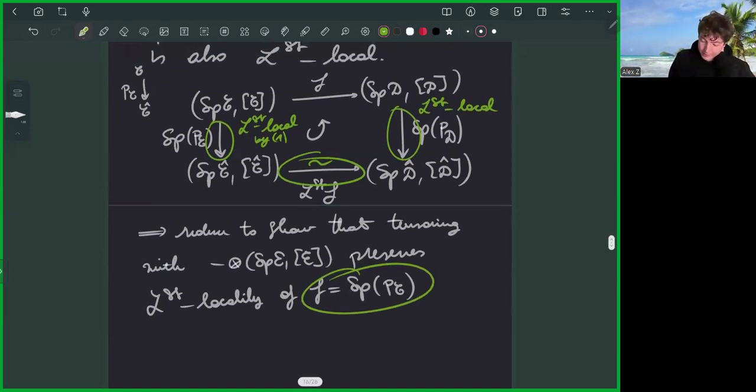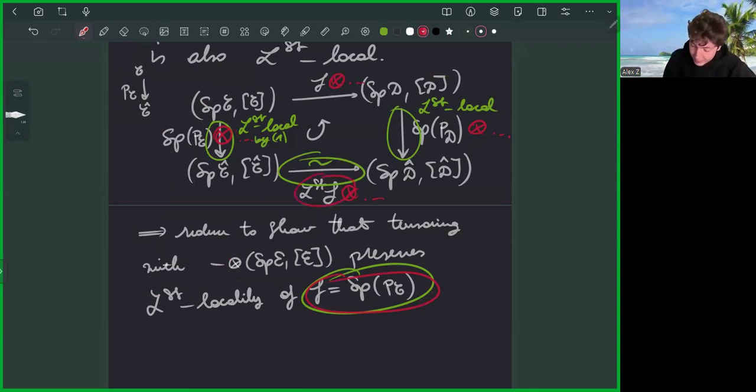Well, if we tensor this full diagram with this here, and this claim is true, that tensoring this specific F being SP of PC with SPE and the equivalence class of E, then you have to think of the tensor with E here, tensor with E here, tensor with E here, right?